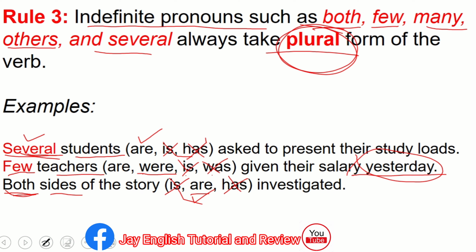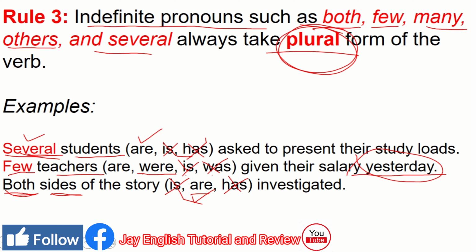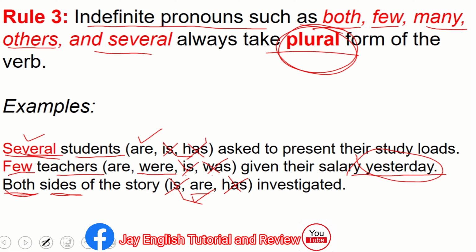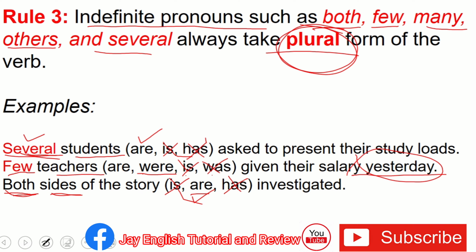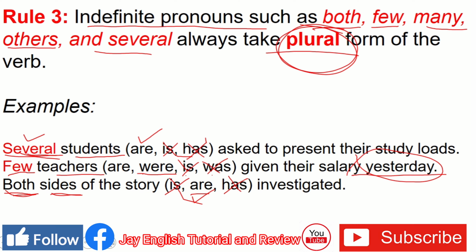It must be students, teachers, and sides. So that's another reminder that in using them in the subject, the noun that comes after it is also plural. Okay? Just to be consistent. I will repeat, you cannot say several student, few teacher. It must be plural. Several students, few teachers, and both sides.